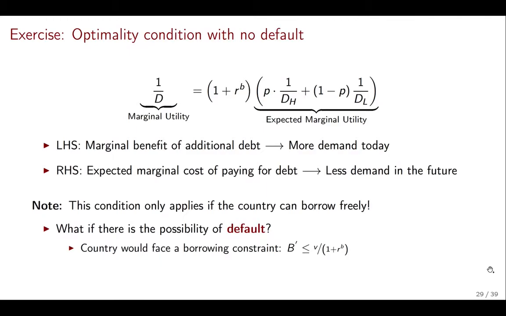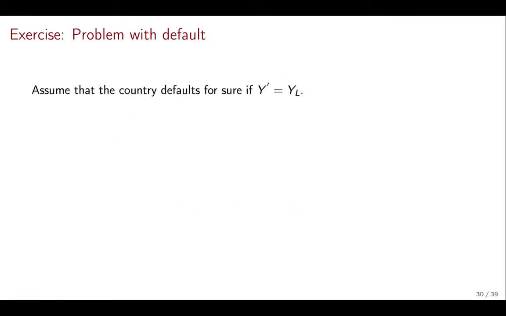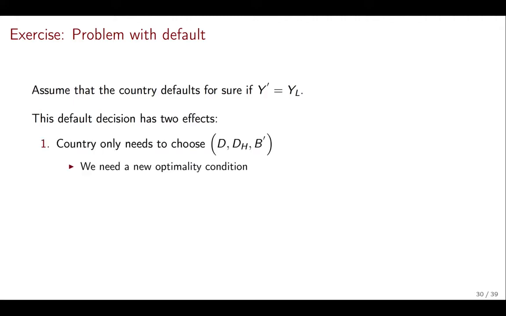But to see the effects of default on the interest rate, we're going to specialize, we're going to simplify a little bit the problem. Here's what we're going to do. We're going to assume that the country will default for sure if output is low. This is going to have two effects. The first effect is that the country now only needs to choose demand today, demand if output is high, and the debt.